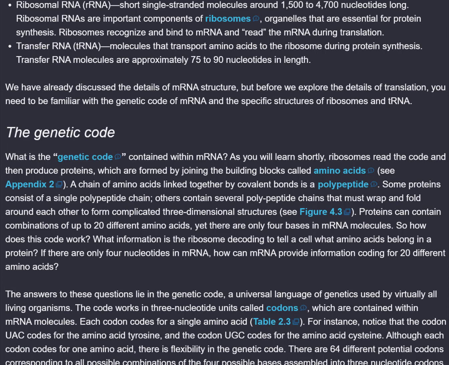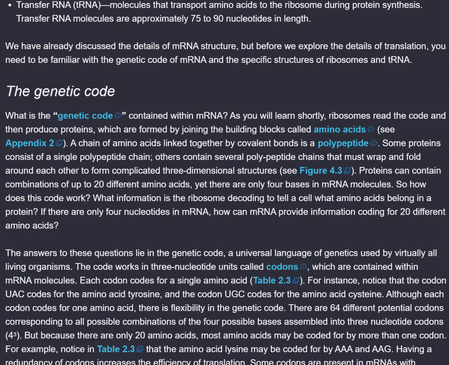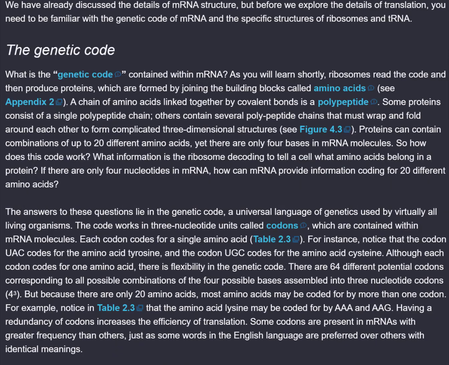Ribosomal RNAs are important components of ribosomes, organelles that are essential for protein synthesis. Ribosomes recognize and bind to mRNA and read the mRNA during translation. Transfer RNA, tRNA, molecules that transport amino acids to the ribosome during protein synthesis. Transfer RNA molecules are approximately 75 to 90 nucleotides in length.